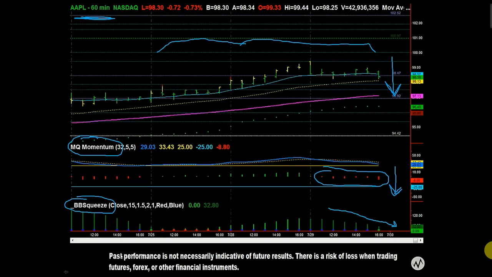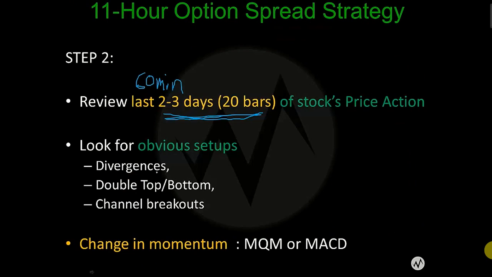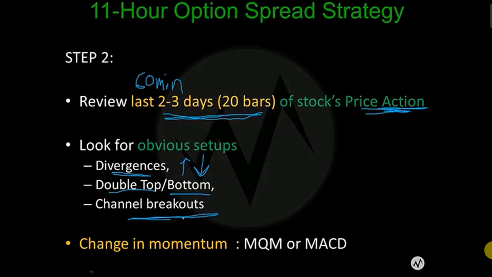Okay? Now what I'm doing is I'm looking at what I call the price action. I'm looking for obvious type of setups. I'm looking for divergences, either higher or lower. I'm looking for a double top or a double bottom. And I'm looking for potential channel breakouts. Not one that may happen, like you were saying. Who's that, Michael?